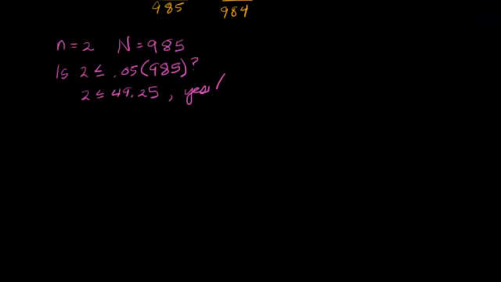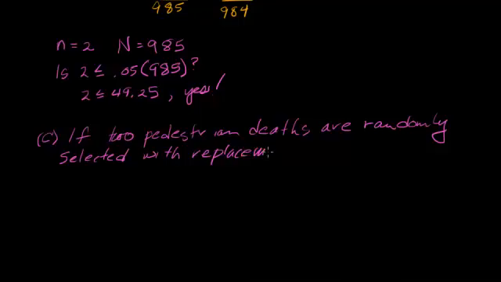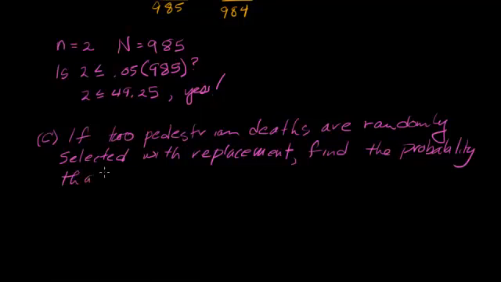So if two pedestrian deaths are randomly selected, with replacement, now we have independent events, remember, find the probability that both the driver and the pedestrian were intoxicated.